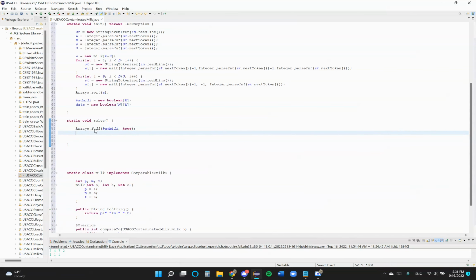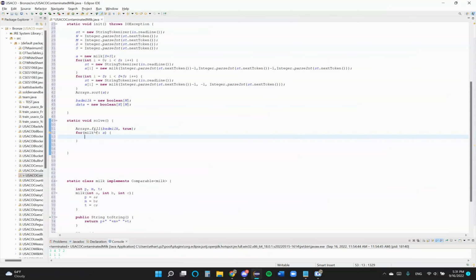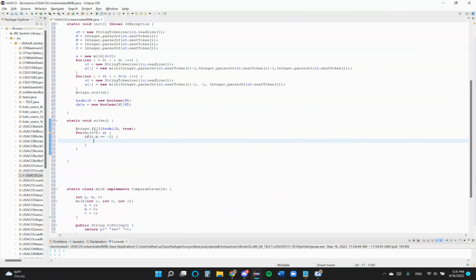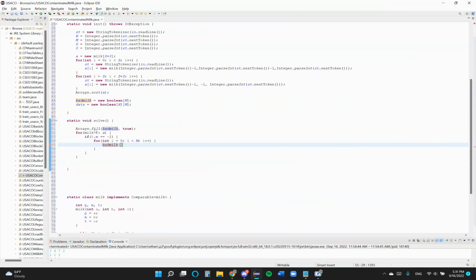And then we have to go through each of the milk. So for Milk t in array a, if t.m equals -1, so if it's data talking about someone getting sick at time t, then for int i equals 0, i less than m, i plus plus, badMilk[i] equals badMilk[i] and data.